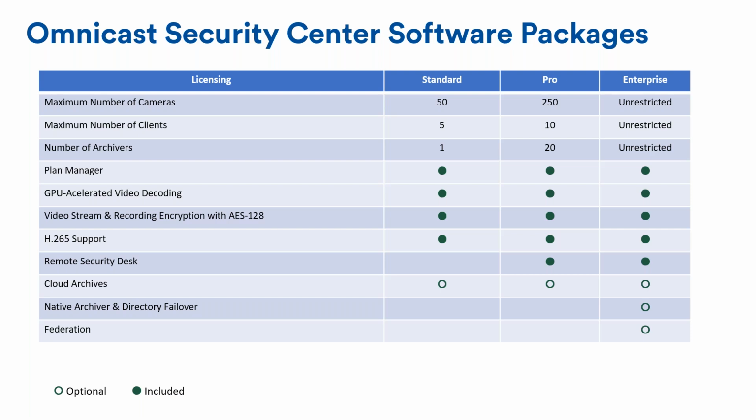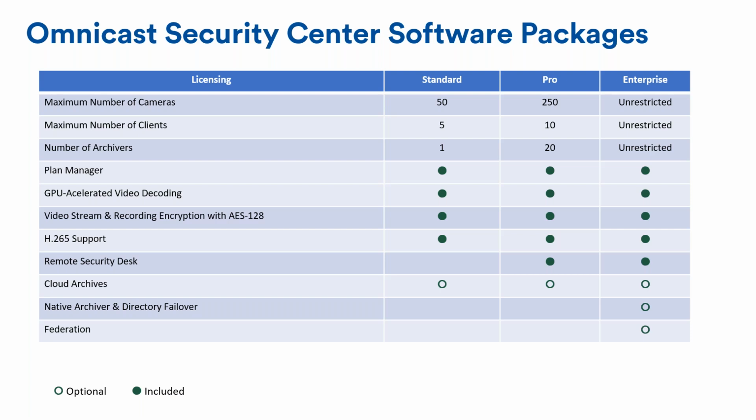And you can have up to 1 archiver. In a Pro package, you can support a maximum of 250 IP cameras, up to 10 clients logging in simultaneously, and you can have up to 20 archivers. Now, as you can see over here under the enterprise environment, you have an unrestricted number of cameras, clients, and archivers.